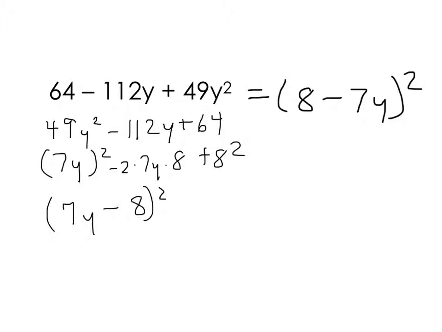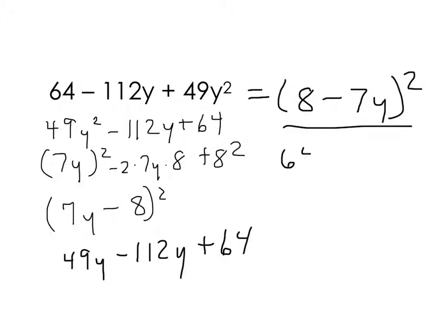Yeah, it is. Because if you multiply this out, you'll get positive 49y squared minus 112y plus 64. And if you multiply this guy out, you'll get 64 minus 112y plus 49y squared. It's the same thing.